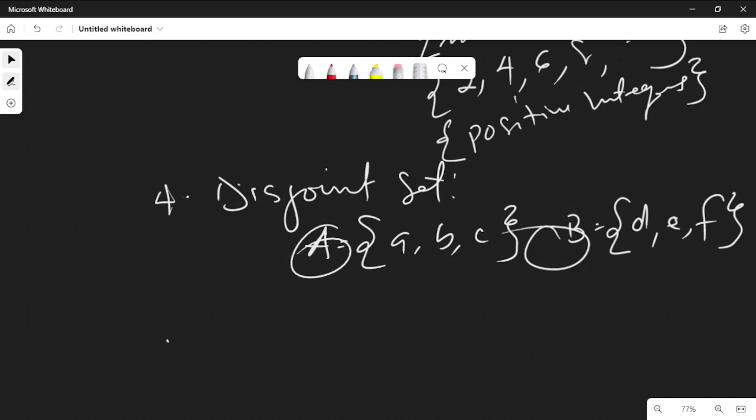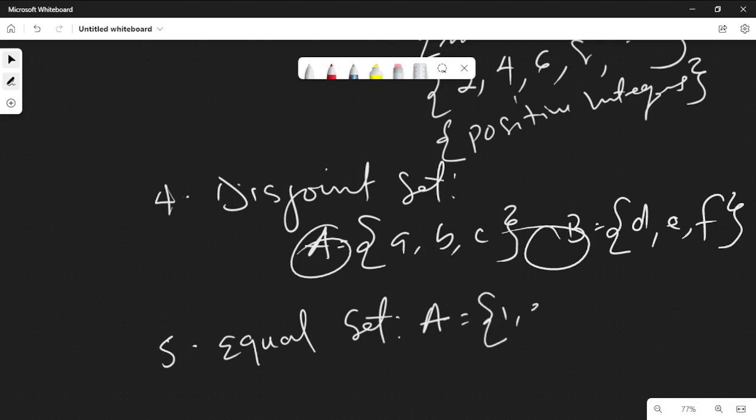And the last but not the least is what we refer to as an equal set. Two sets are said to be equal when they contain the same elements. For instance, I have set A equal to 1, 3, 4, 8, and set B equal to 3, 1, 4, 8.